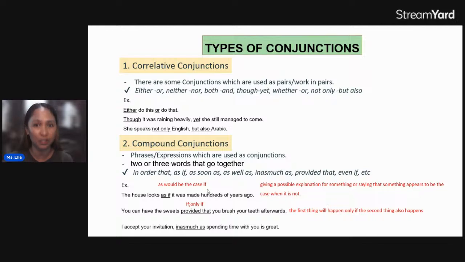It's like a condition: you can have the sweets only if you brush your teeth afterwards. That's why we use provided that. Next, I accept your invitation in as much as spending time with you is great. Here, in as much as simply means because.